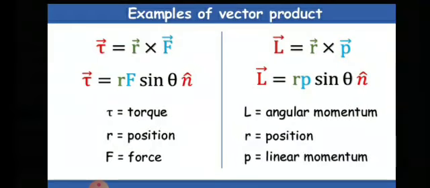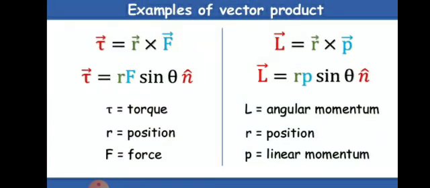We can give one more example. Vector L is equal to vector r cross vector p, where L is the angular momentum, r is the position, p is the linear momentum. The cross product of two vectors is a vector quantity.